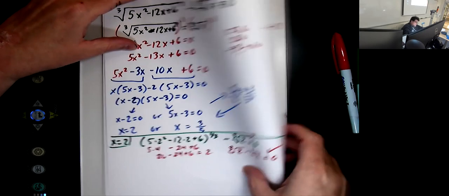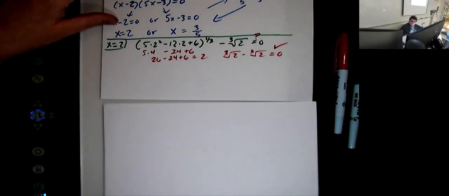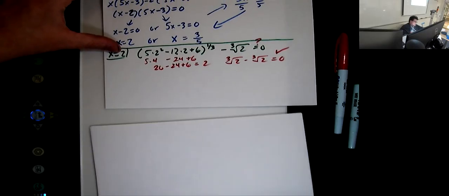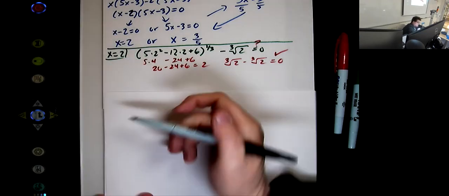Let's check x equals 3/5. Just give me a minute. Oh, it's still there. I'm just trying to make sure we finish this problem. We only got 5 minutes left.